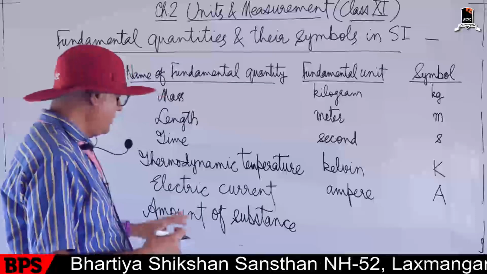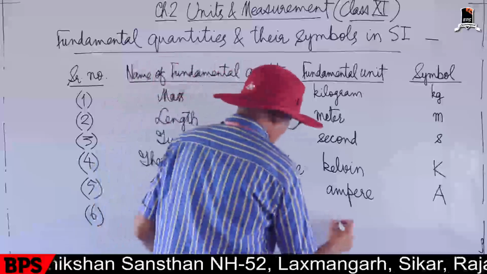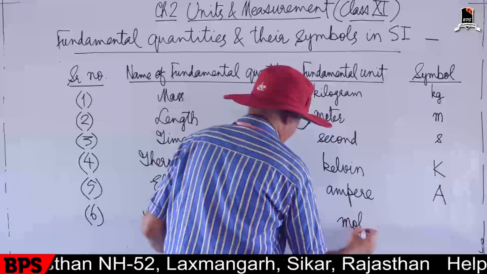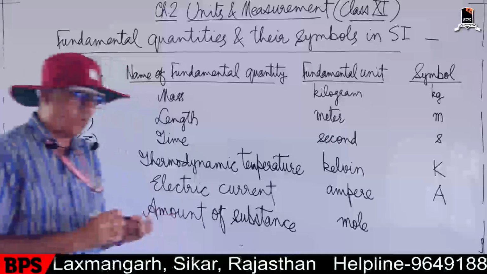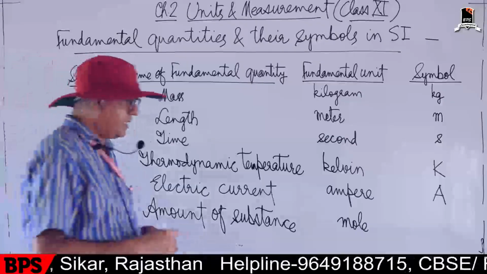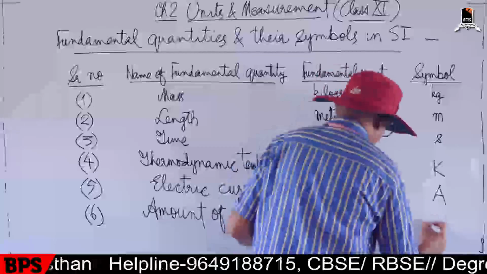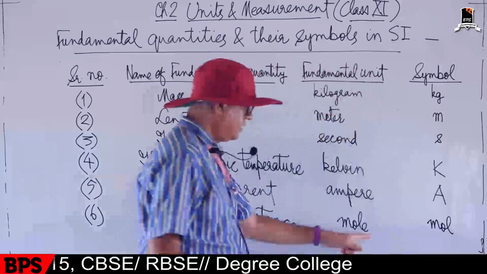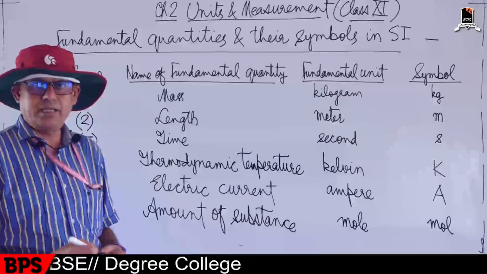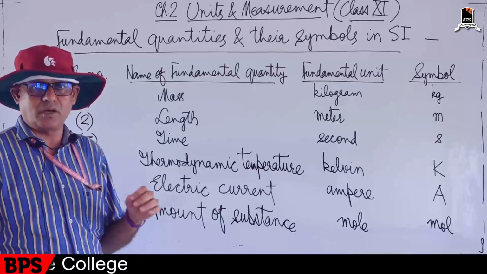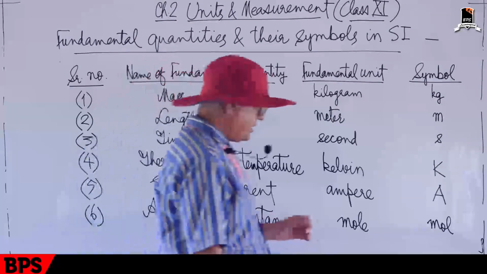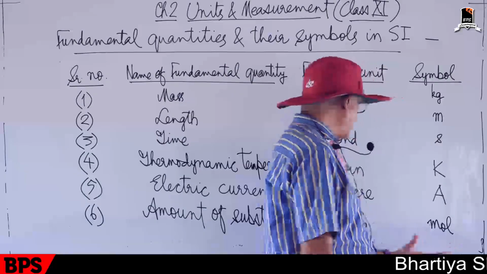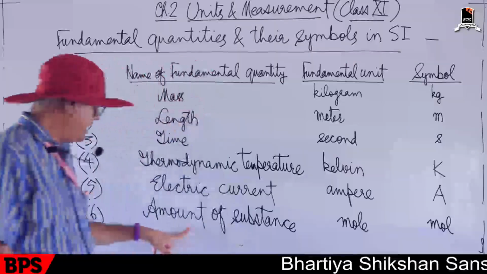And its unit is called mole, MOLE, mole. And its symbol is mol only, in small case letters, taken as the symbol for the physical quantity amount of substance unit.